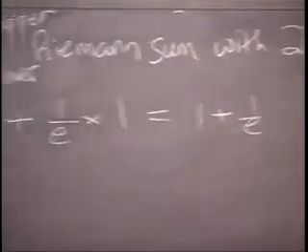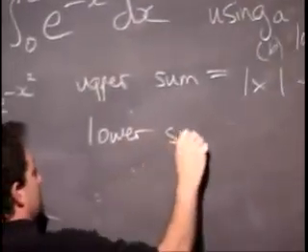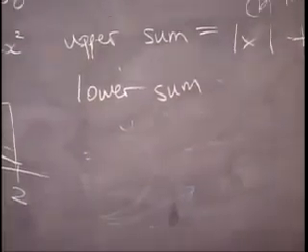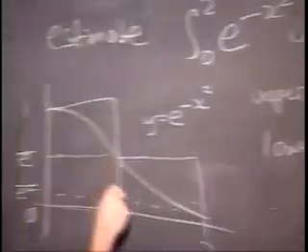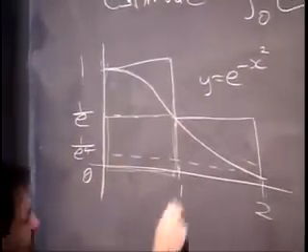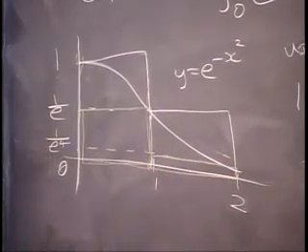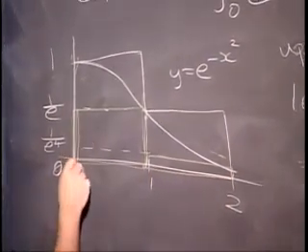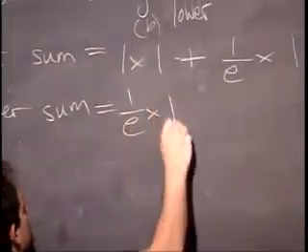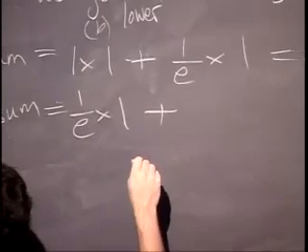Whereas the lower sum, well, for this strip, it's like this. So this is actually a 1 over e by 1 rectangle, and a 1 over e to the 4th by 1.